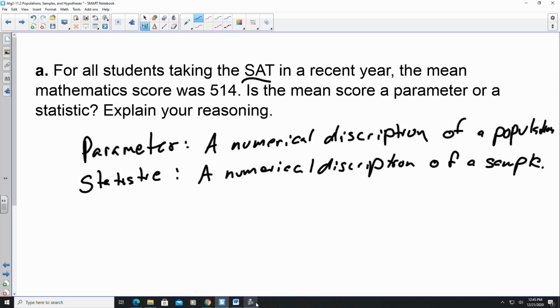Because they say the mean score is 514 and they're not pulling it out from a subset, we can say that this particular example is a parameter.